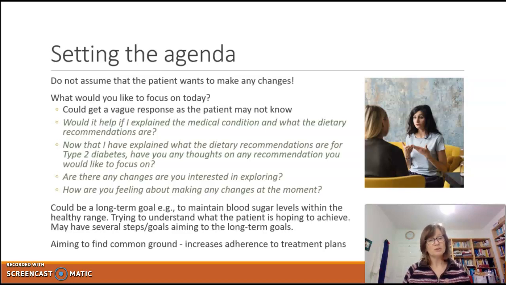But also, it's not just about what people know, it's about how they're feeling. How they're feeling about making any changes at the moment. It could be overwhelming. It could be too much for them to think about. It could be they really don't have a clue, or they're in shock with a diagnosis. And you really need to think about that in an inpatient setting where someone might have just received a diagnosis and spoken to a doctor, then a specialist nurse, then come to see a dietitian.